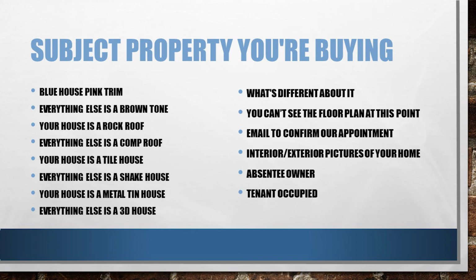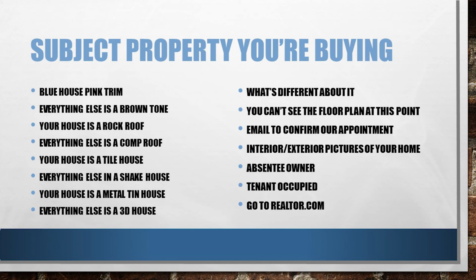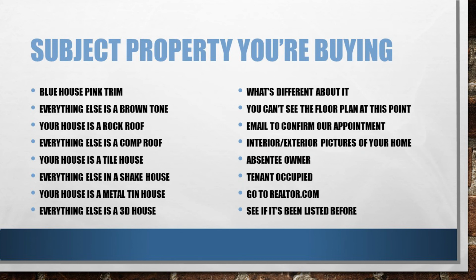I understand. If that's the case, I want you to go to realtor.com and pull up the address to see if it was listed before and it's within their listing database. Because if it was listed before, sometimes you'll be able to see those interior listing pictures and get a pretty good feel for the interior part of the house.